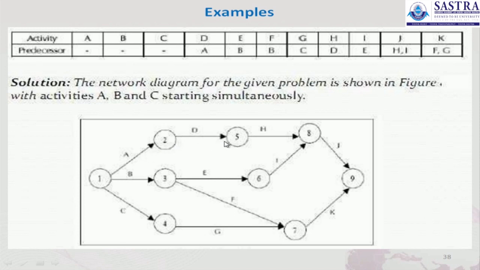So for activity D the node will be identified as 5. And the next activity is E. The E is based on the predecessor activity B. So we have to draw from node 3 through the activity from the node.